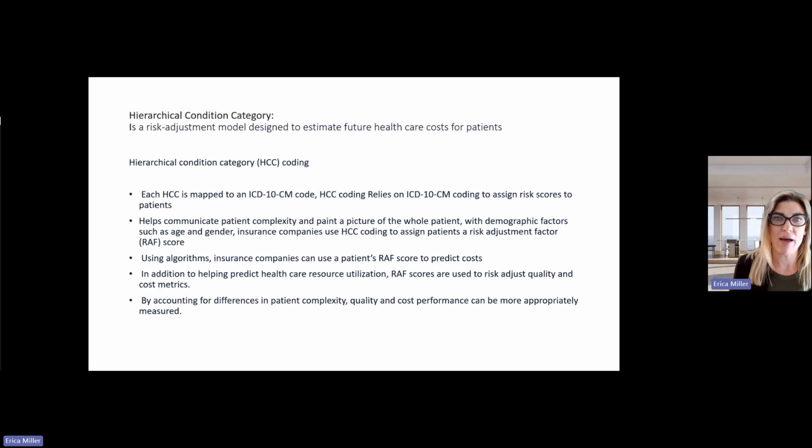We call them RAFs. They use algorithms, again based off of geographic location, demographics, age of the patient, and how many conditions they have that are causing these risk factors to increase.